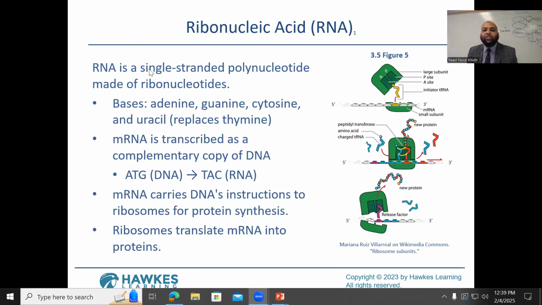RNA is a single-stranded polynucleotide made of ribonucleotides. These are ribonucleic acids.